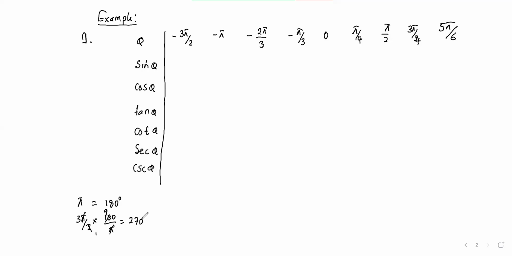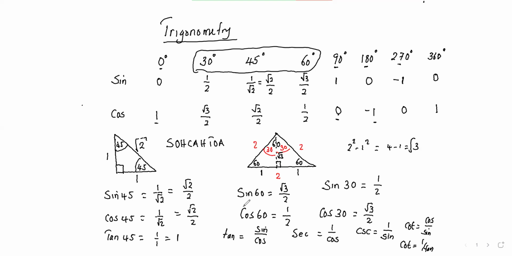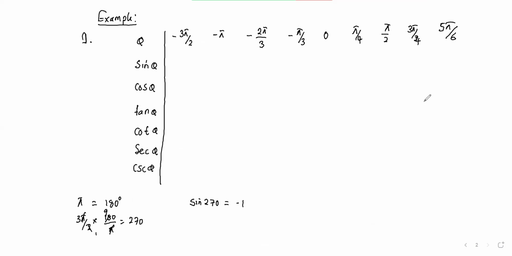Now, we say that our sine 270 is equal to negative 1. Right? So, if sine 270 is negative 1, then what is sine of negative 3 pi over 2?